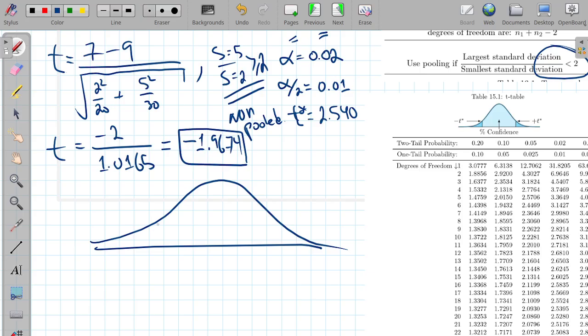Now, to reject, I need to be out here in the tail, the reject region, and that begins at the t critical value of negative 2.540. It's negative because I'm on the left-hand side of the curve. But our obtained value here, negative 1.9674, is in the fail region.